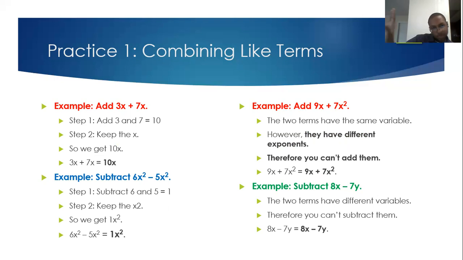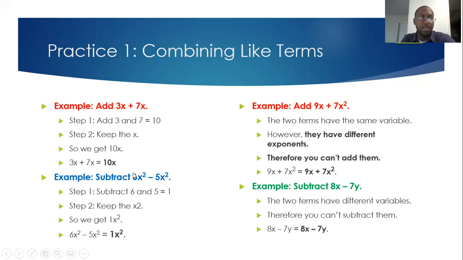Not 10x squared, but just 10x. So 3x plus 7x is 10x. Now, you're going to have to absorb that. It will not necessarily make sense to you automatically, but you're just going to have to accept that that's how we do it for a little bit.